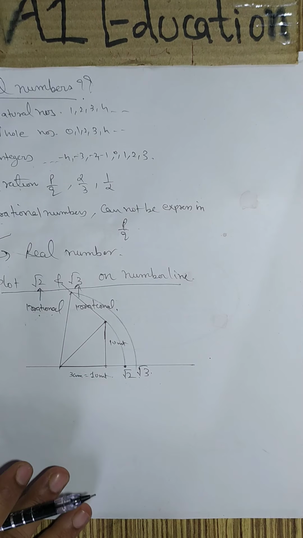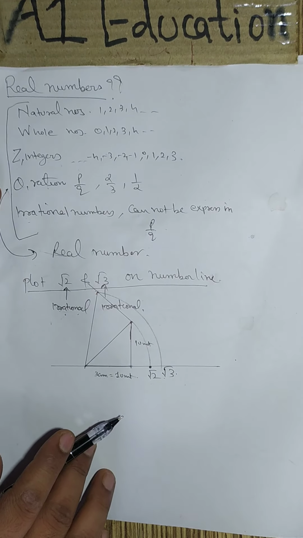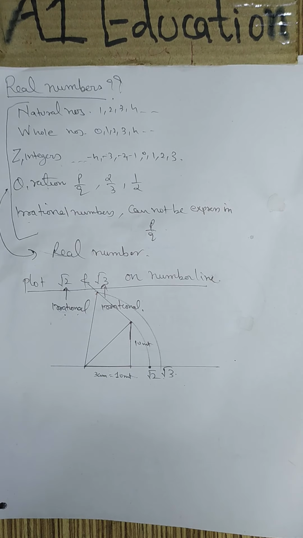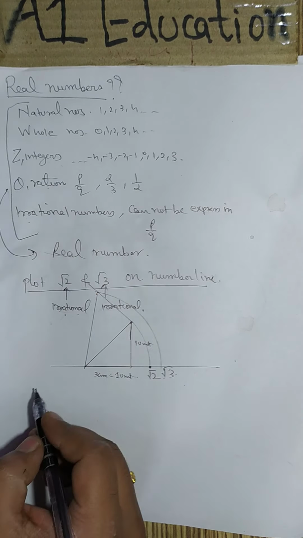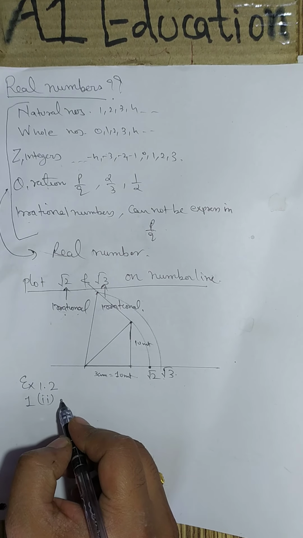Next we'll look at some questions from exercise 1.2. In exercise 1.2, let us look at the second question of the first. The question says that every point on the number line is of the form root m.